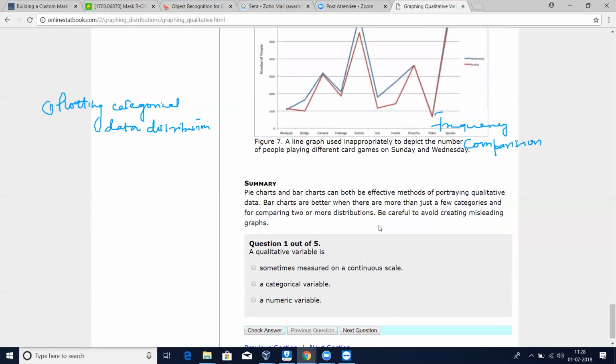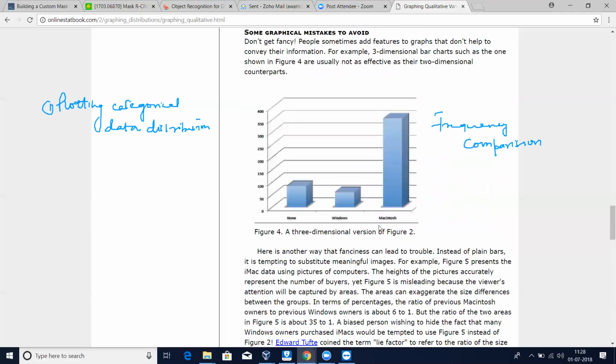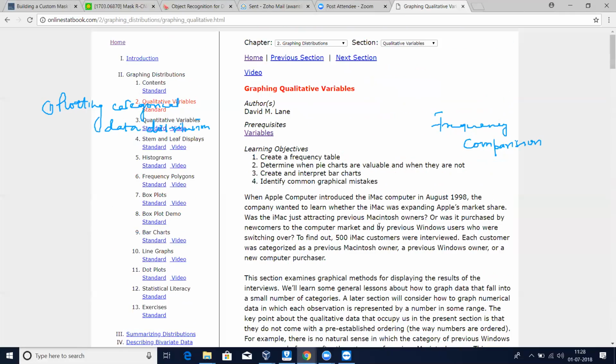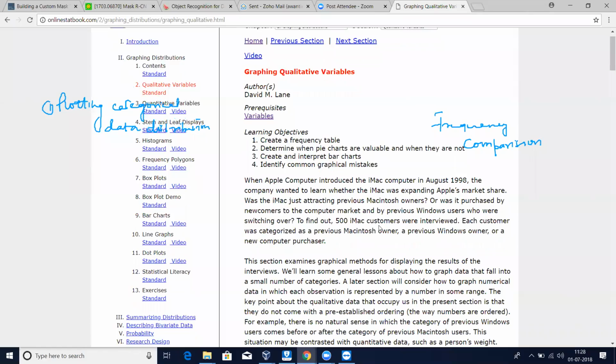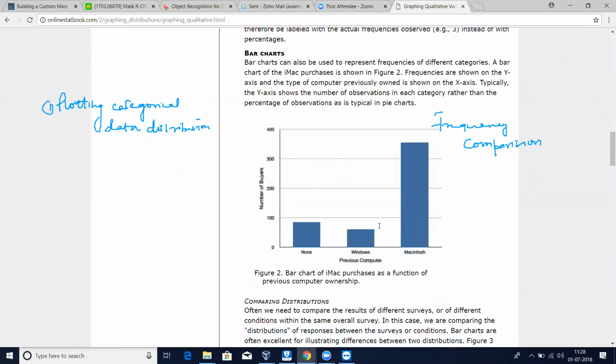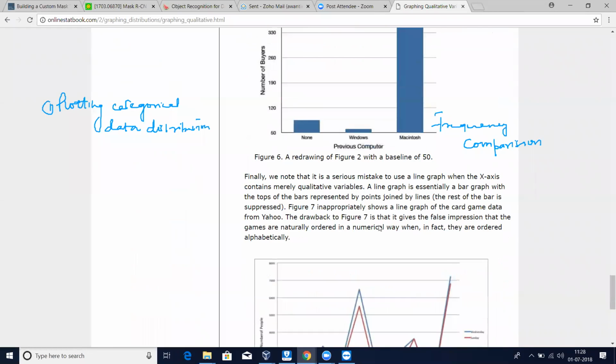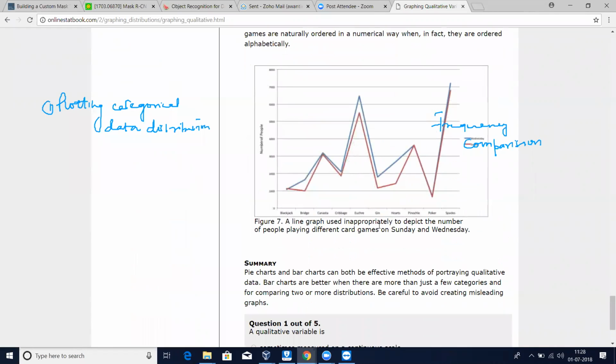Just to add one more thing: a line is always used when you have time associated. It will always be easy to populate a line. Time is one of the parameters, though it can be anything, like here you are seeing; it's not really always time. But time is definitely one of the parameters people use, like stock data.